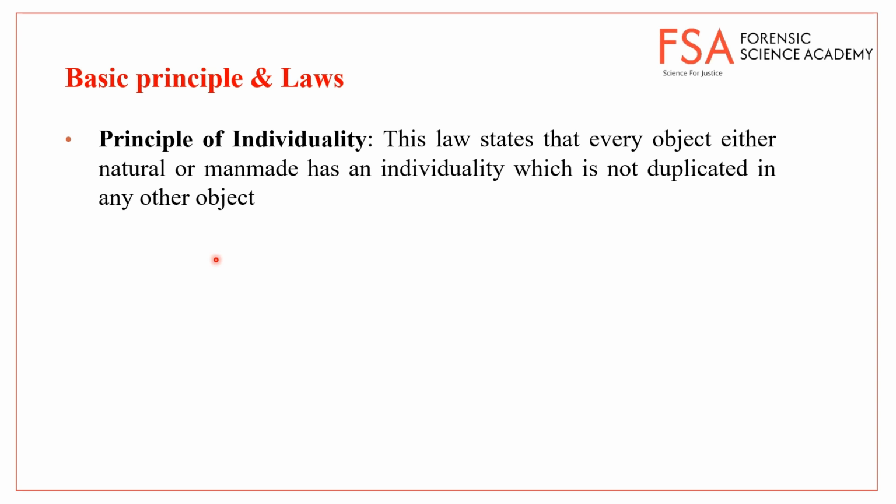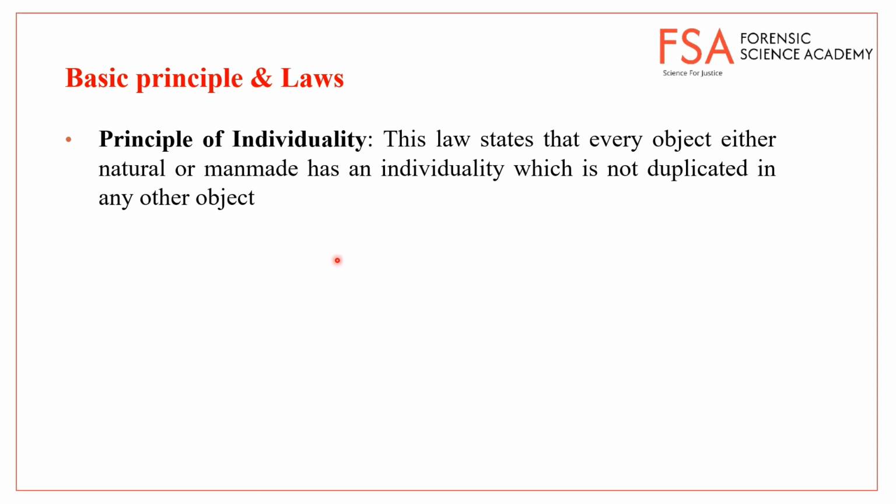For example, we can take currency notes of 500 rupees. They look similar, but each has its individuality as a serial number that is individual to each and every currency note.